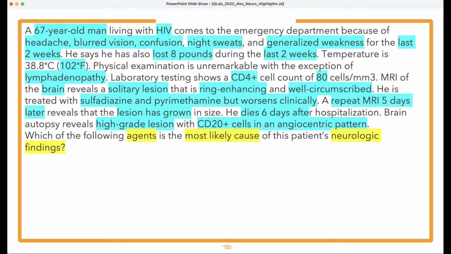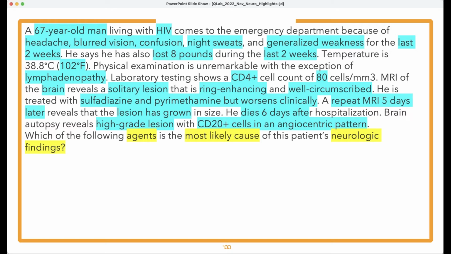They're then asking about which agent is the most likely cause of this patient's neurologic findings. So I think we've got a couple steps here. I think one, we've got to figure out what's going on with this patient, the condition, the diagnosis, and two, what is the causative agent?